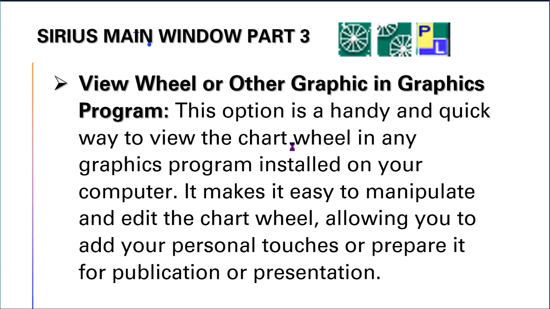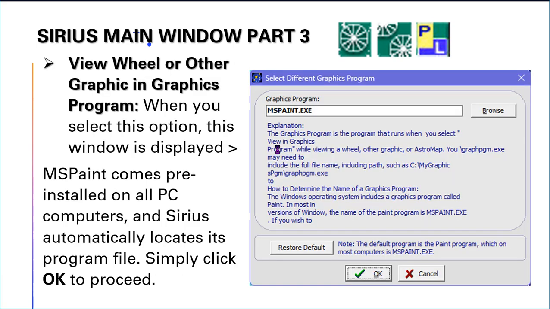Now, when you have a wheel on the screen, you can choose to view it on the graphic program. So you have this option as well. And then the next part is it will view in Paint, the main program that views it automatically, because the Paint program comes with the Windows operating system.